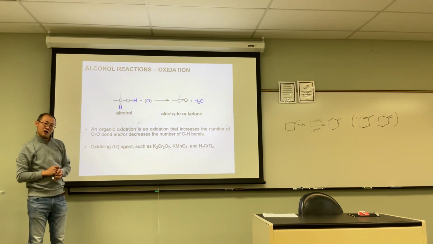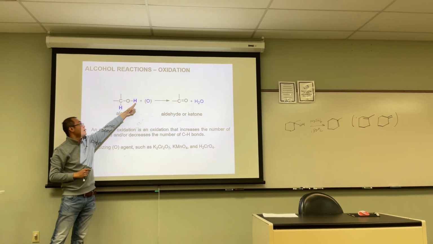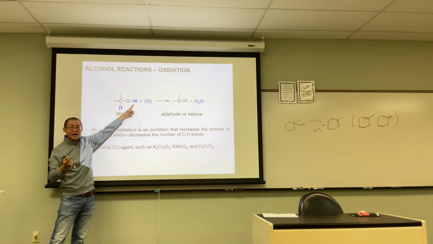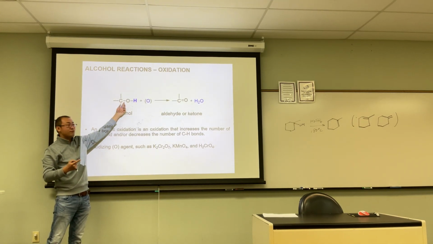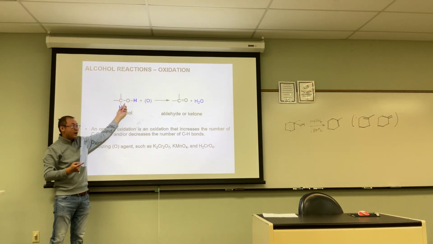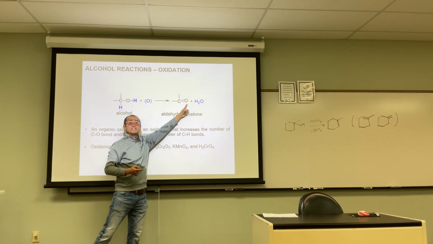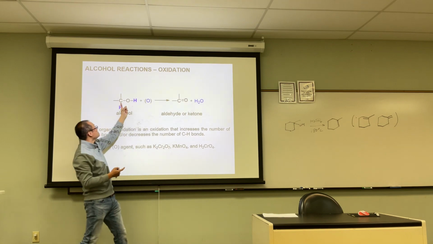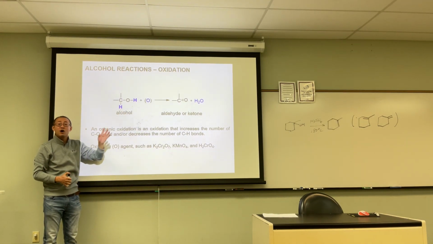Those two hydrogens are from C and O. You guys see that? We know OH has a hydrogen, right? That's the hydroxy group, that's the alcohol. Then I remove a hydrogen from the C as well. So I take two hydrogens away. Then after I take these two hydrogens away, I put a double bond. Now it's a CO double bond. Why CO? Because I'm taking hydrogen from C and from the O. So I need to make a CO double bond. And we call this process oxidation.